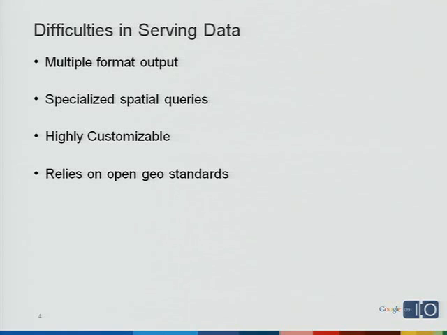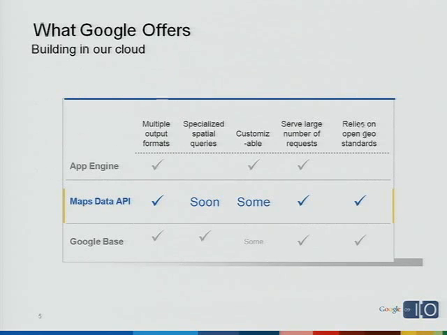You want it to be highly customizable. That is, I'm guessing the vast majority of you want to design your own applications, run your own applications, and have it be special to you. And you have, as programmers, your own quirks and things you want to do. And you want to rely on open geo standards. You want to support open geo standards like KML and GeoRSS. So that goes along with the multiple format output.